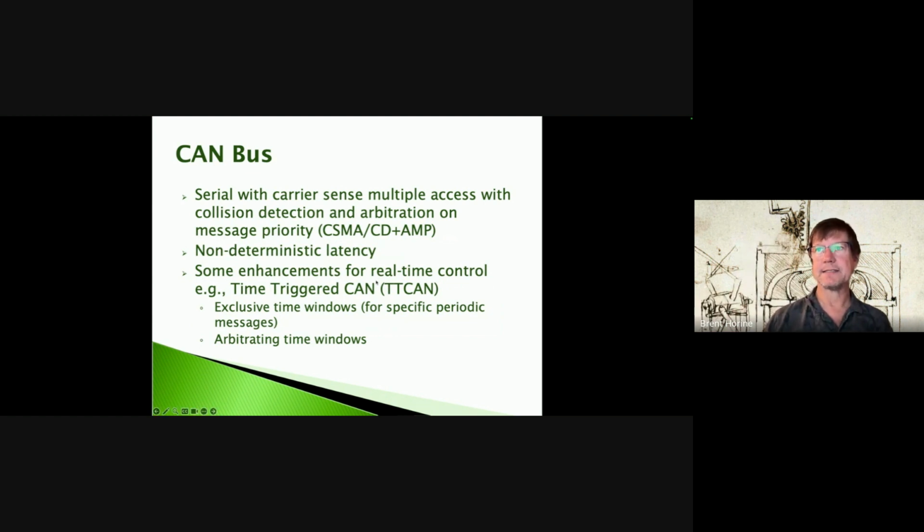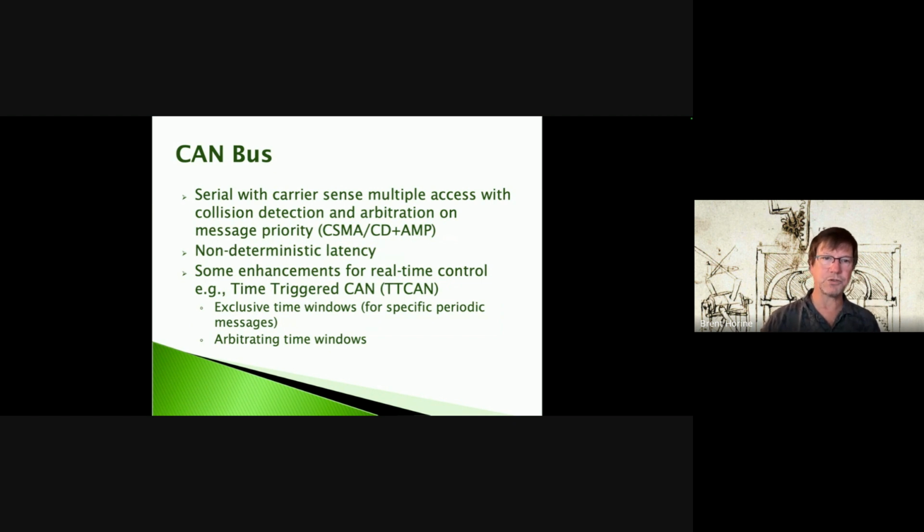So there are some enhancements for real-time control. For example, time trigger CAN, TT-CAN, which addresses this non-deterministic latency. Basically, it has exclusive time windows for specific periodic messages. So you don't make everything time triggered or time sensitive.